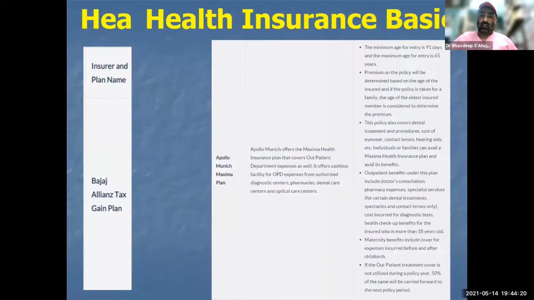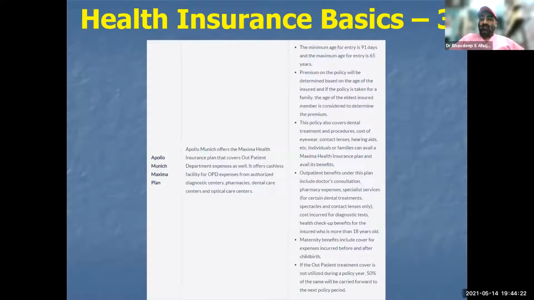Most of the things that I mentioned are covered, and even 1,000 rupees as ambulance charges. Then Apollo Munich is no longer now, it is HDFC Ergo, but plans like the Optima Restore plan are still being offered. The Maximum plan is also being offered. It offers outpatient expenses. In this, many things are covered like pharmacy expenses, specialist services, even sometimes maternity benefits as well, before and after childbirth, obviously the OPD related expenses.